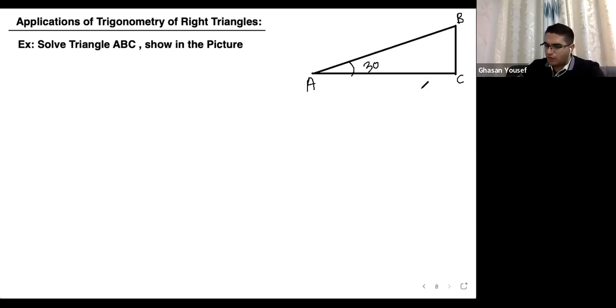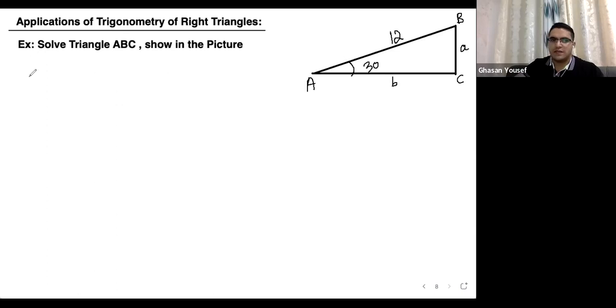So my question now, as shown in the picture: find the value of small a, and find the value for small b, the side opposite the vertex, I mean for the angle capital B. And the length from A to B is 12.